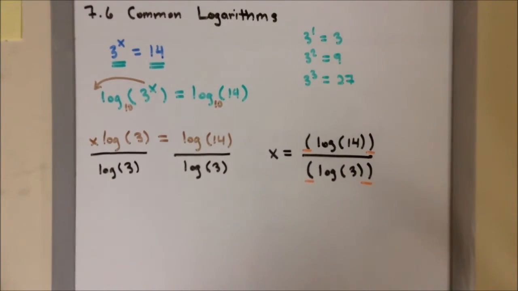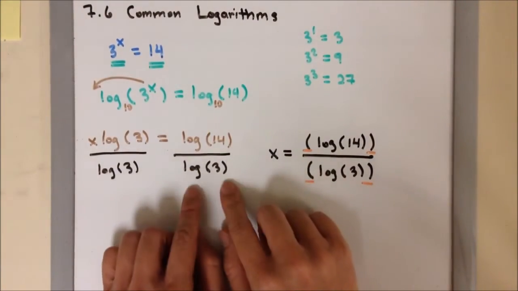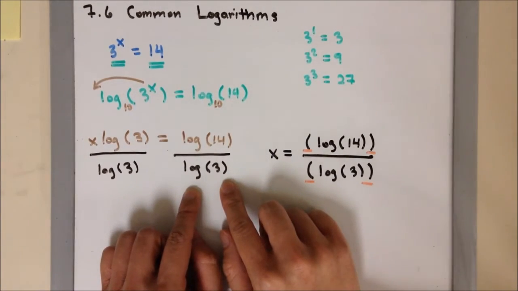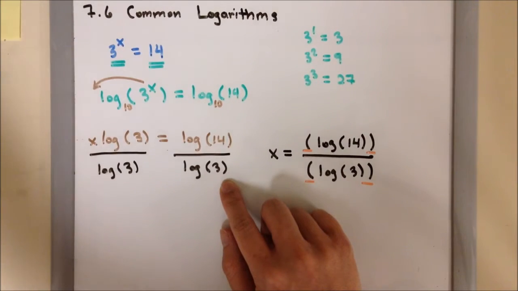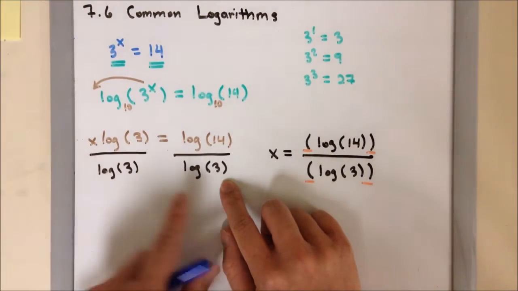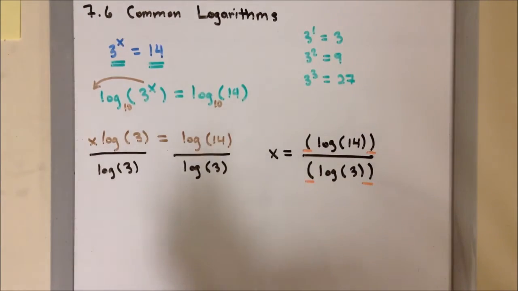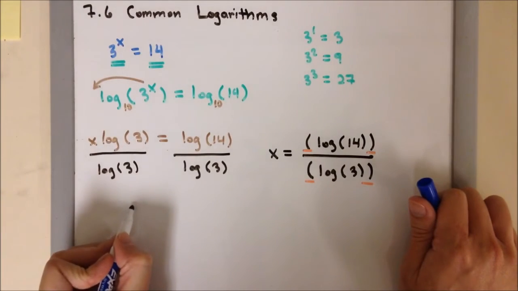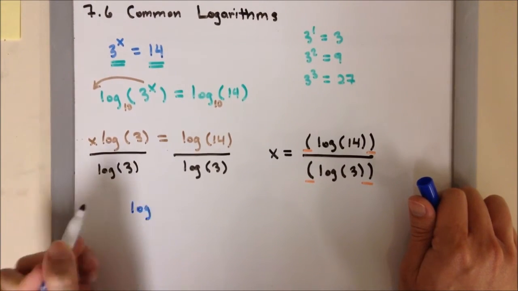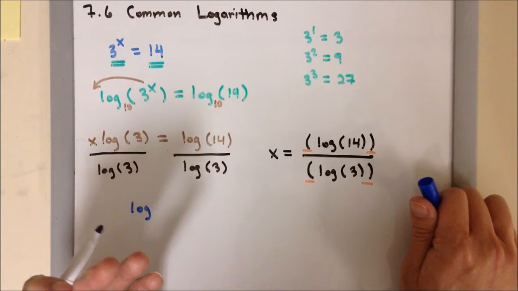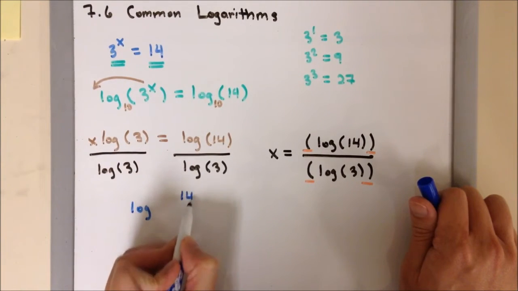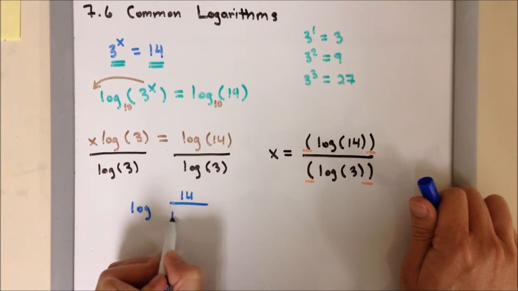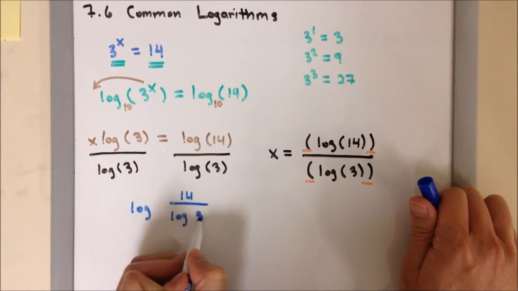If not, if you had typed this in, this is what it's going to look like. If you type this in without the parentheses in the calculator, the calculator will perceive this as log of 14 divided by log of 3.